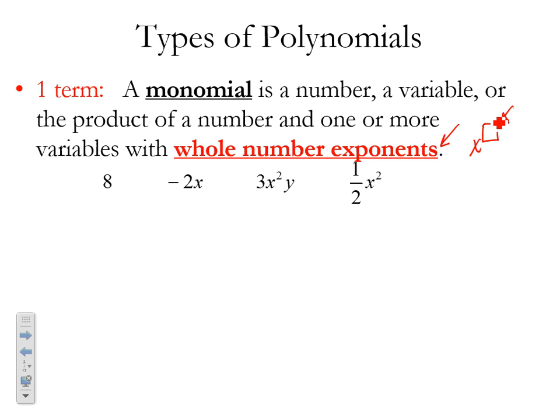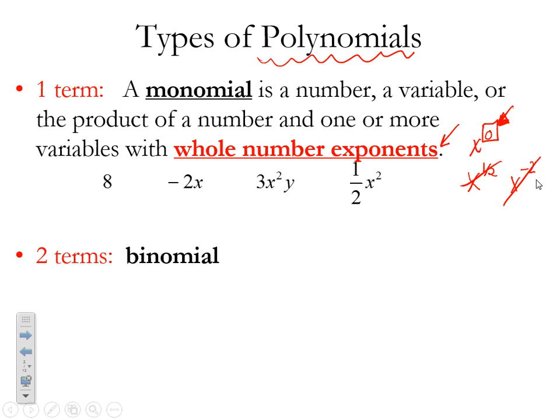So this has to be a 0 or a 1 or a 2 or a 3. It cannot be a half and it cannot be a negative. If you have an exponent that is a half or a negative, we would not call that a polynomial. So a one-term polynomial is a number, a variable, or a number and a variable, but all with whole number exponents.